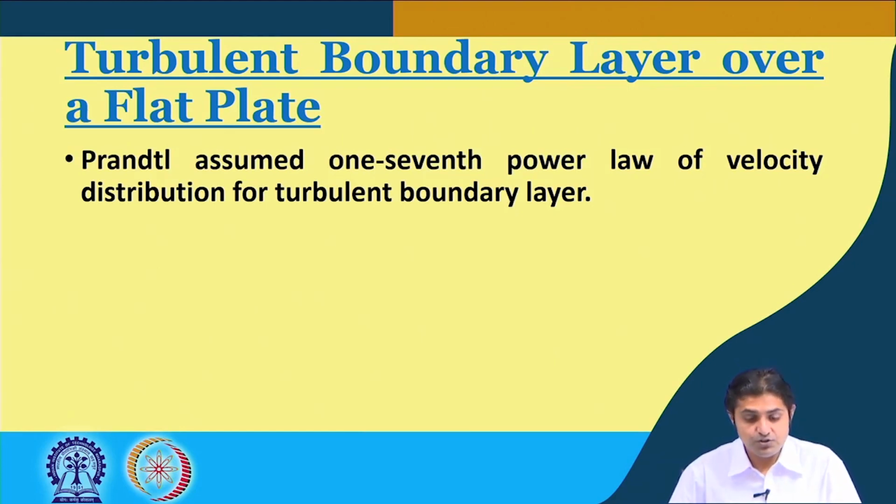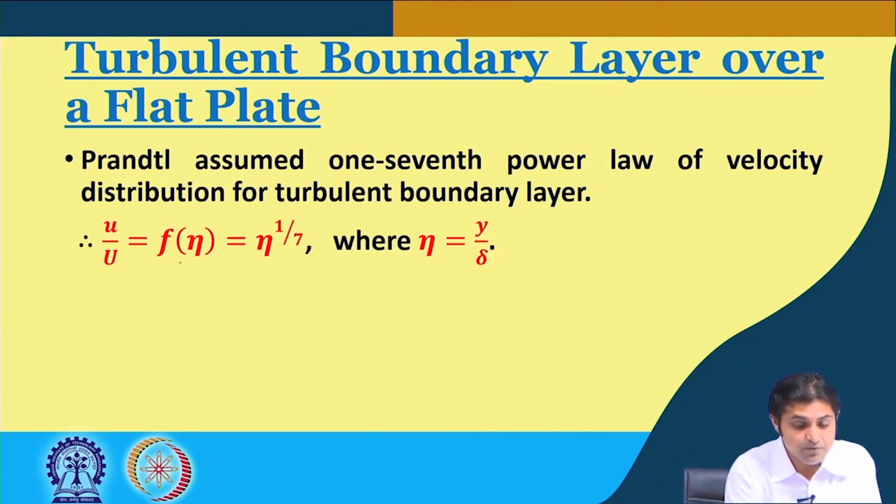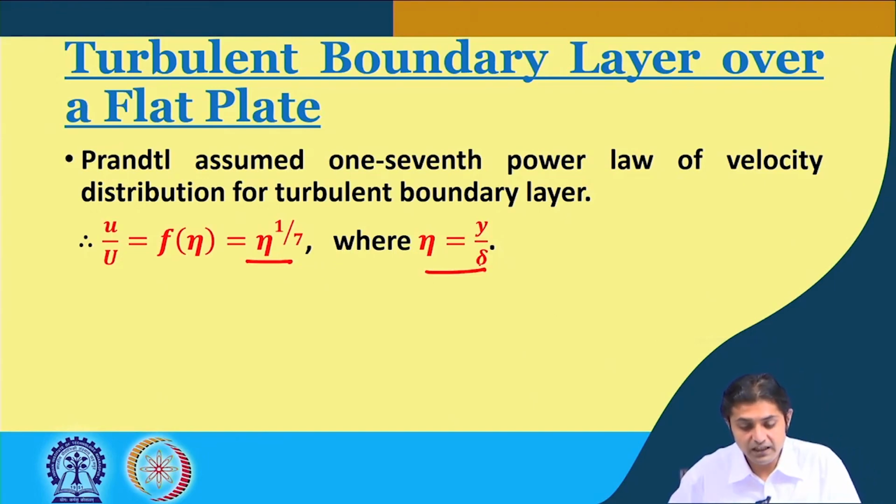Actually, Prandtl assumed 1/7 power law of velocity distribution for turbulent boundary layer. That was his assumption, and he said for turbulent boundary layer, small u by capital U is a function of eta, and eta is to the power 1/7, where eta, the usual meaning, is eta equal to y by delta.